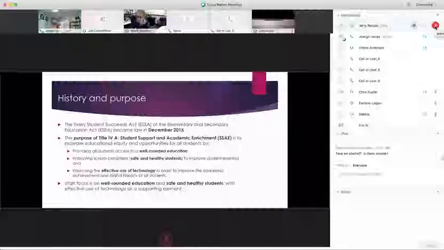Through Title IV-A, well-rounded, safe, and healthy are the two predominant areas, but there is also improving the effective use of technology as a third area. In Utah, we also include the effective use of technology, but our primary focus in this grant is well-rounded education and safe and healthy students.